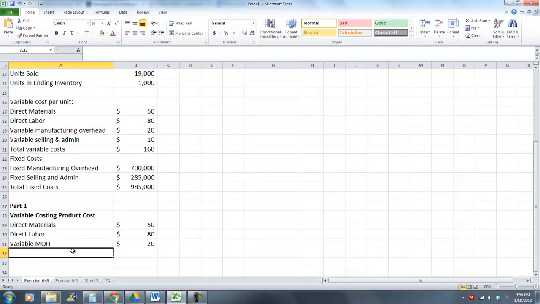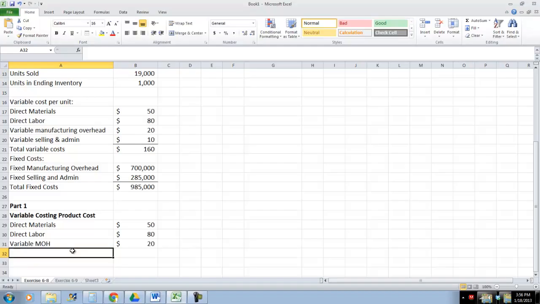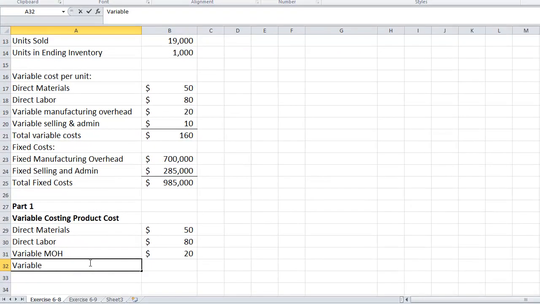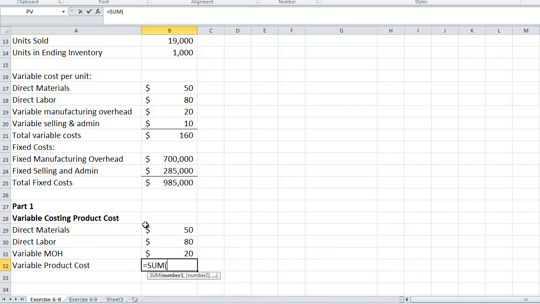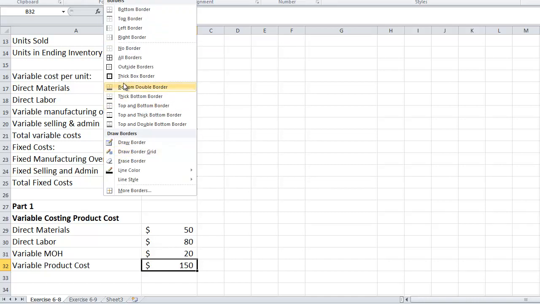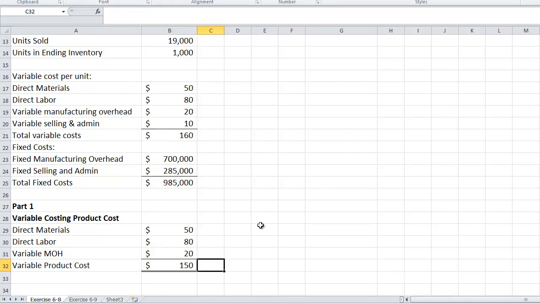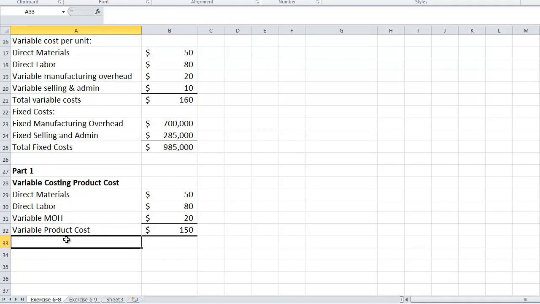Variable costing differs from absorption costing in that it does not include fixed manufacturing overhead. So this is our variable product cost. We're going to total these, and our variable product unit cost is $150. So this includes all the variable expenses directly related to the product.